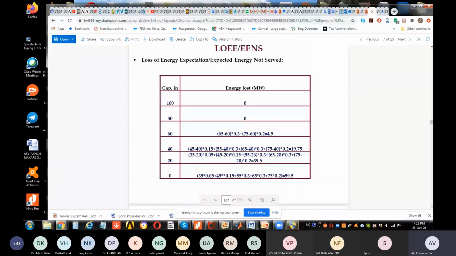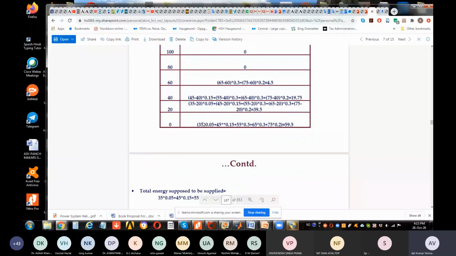So you have variation from 0, 20, 40, 60, 80, 100. We are looking all the time at the same problem. Let's look at the energy which is lost. When the peak load is 35, that energy is lost; likewise when the peak load is 45, 55, 65, and 75.